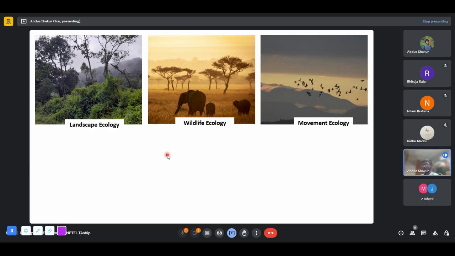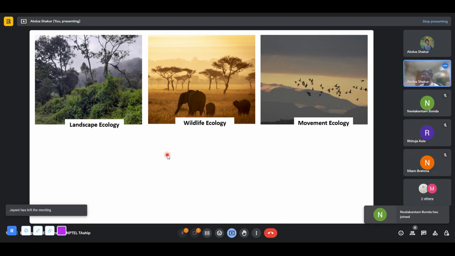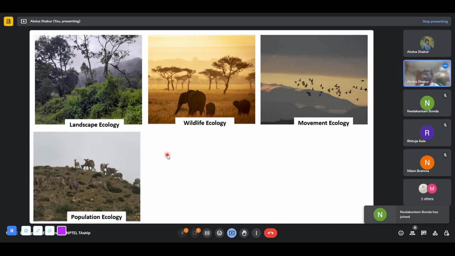Species move from one area to another, traveling huge distances. If you want to understand which path they take, how they travel, or how long they will take, all these things are covered under movement ecology.